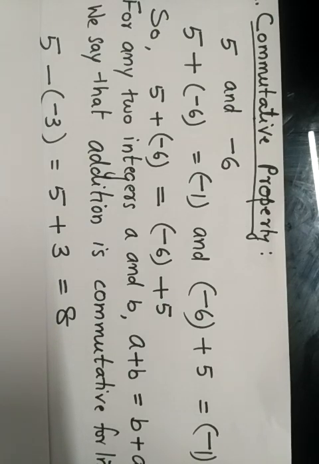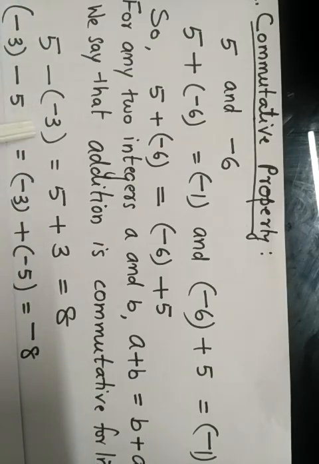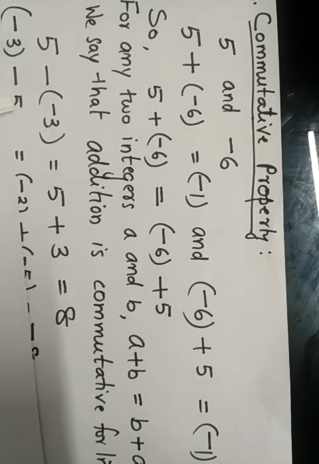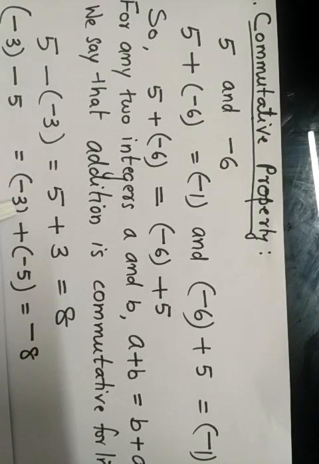Now for commutativity we have to change the order. Let us see in the other order: -3 minus 5. The second integer comes first. -3, difference, 5. So what is -3 minus 5? First integer, no change, that is -3 itself.